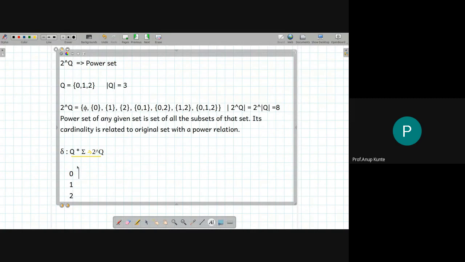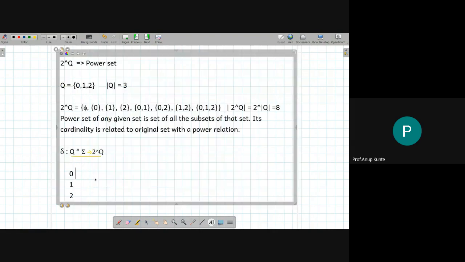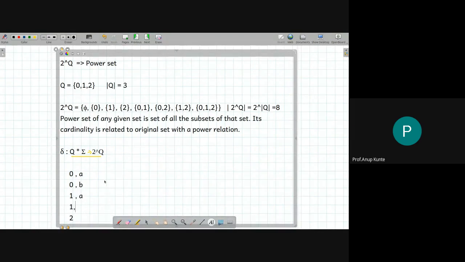And suppose there are two inputs A and B. So this 0 can be combined with input A to produce a pair 0A. Then I can combine 0 with B. Then I can combine 1 with A. Then I can combine 1 with B.